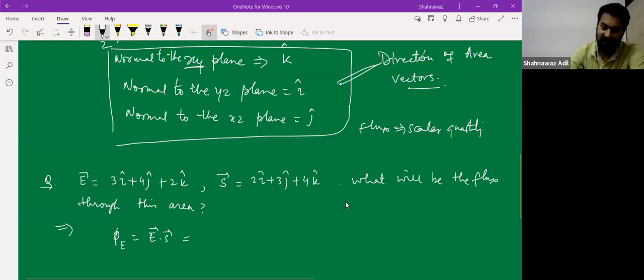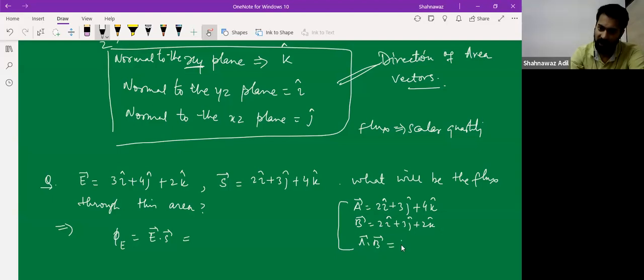And did you forget the dot product? A was, let's say, 2i plus 3j plus 4k, right? And B is, let's say, 2i plus 3j plus 2k. So the dot product will be a number, right? So 2i dot 2i will be 4 i dot i.